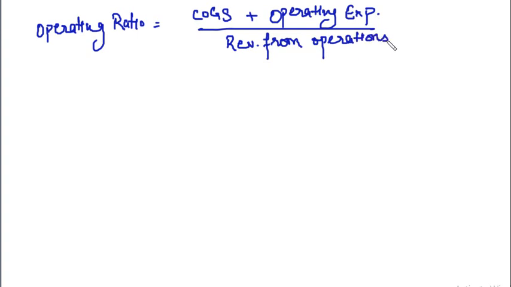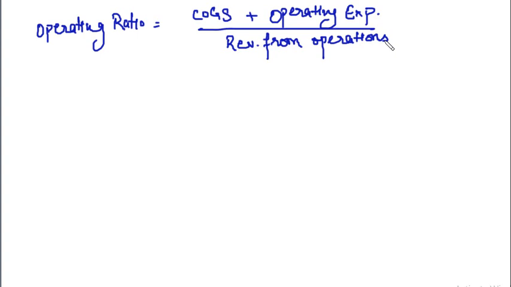That is, how much of the cost plus the operating expenses, that is expenses directly related to the operations of the business, how much of these two factors are covered from the revenue from operations, right? Through this we see whether our resources are being efficiently used and whether we are earning sufficient revenue from operations to cover our cost or not, right? So that is the main aim of operating ratio.